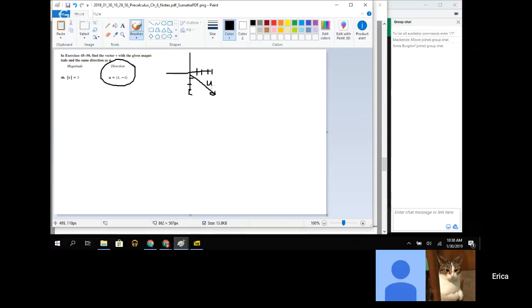What we're going to need to do is find the unit vector for u, and then multiply the unit vector by a magnitude of 3. So we're going to want to find the unit vector and then multiply by 3 in order to figure that out.